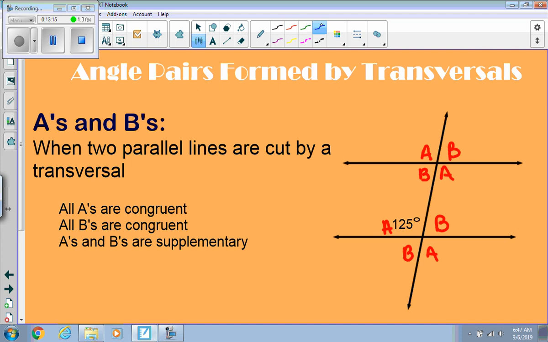So I'm going to fill in 125 everywhere I see an A. Now to get my B's, I'm going to take 180 and subtract 125.